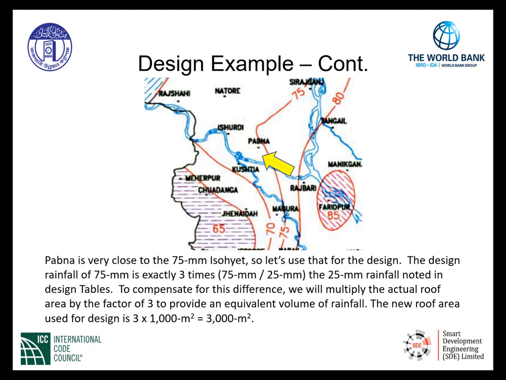To compensate for this difference, we will multiply the actual roof area by a factor of 3 to provide an equivalent volume of rainfall. The new roof area used for our design is going to be 3 times 1,000 square meters, which equals 3,000 square meters.